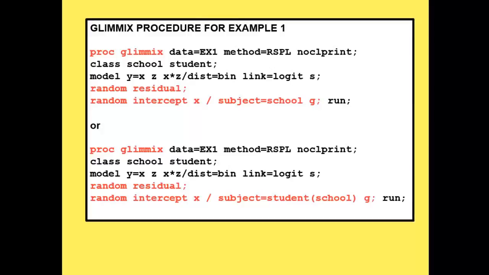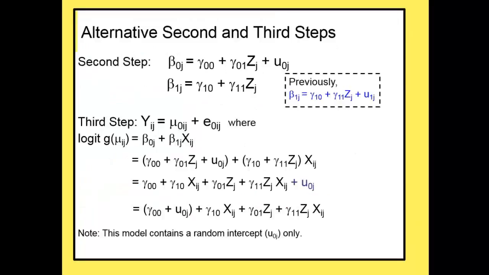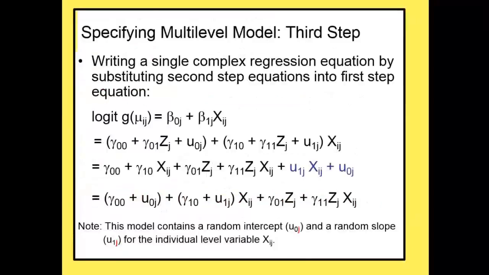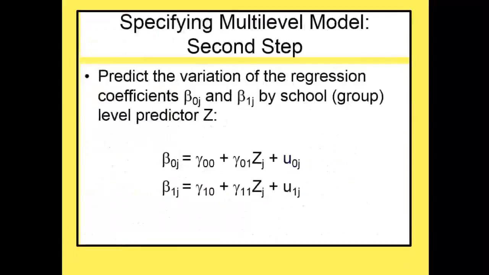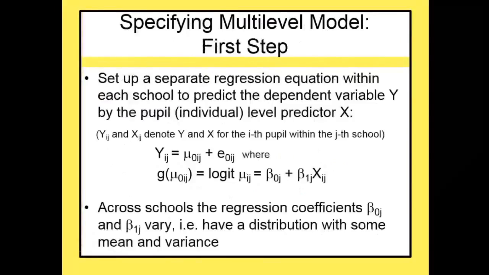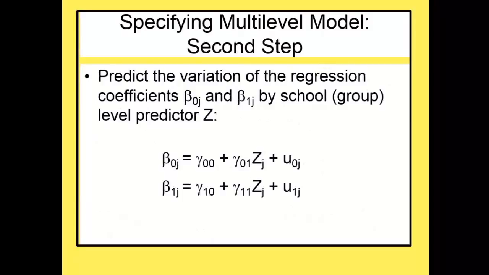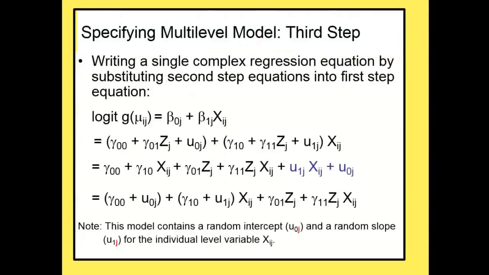That's a simple example. Now, however, the second step that we just did was, I started with this model for the individual, and then I started with the second level model, and the third step was combining them.